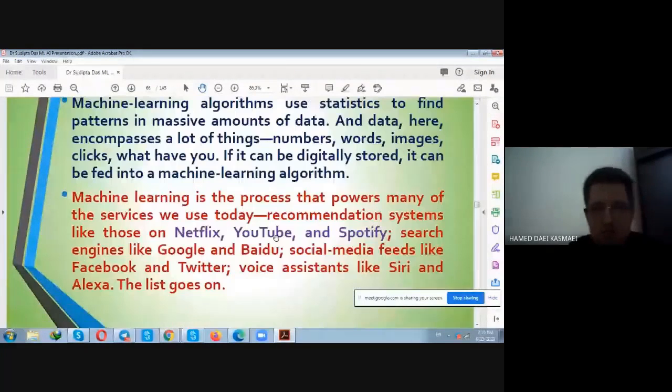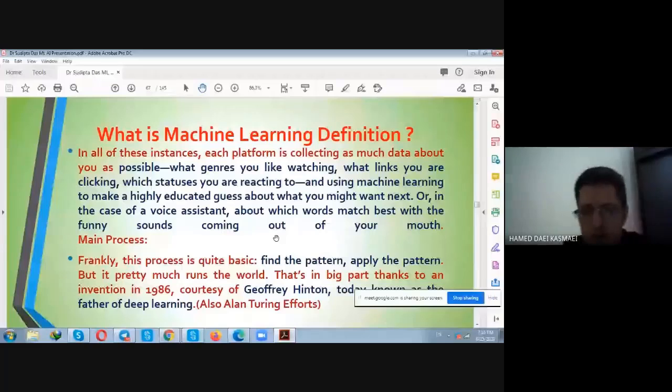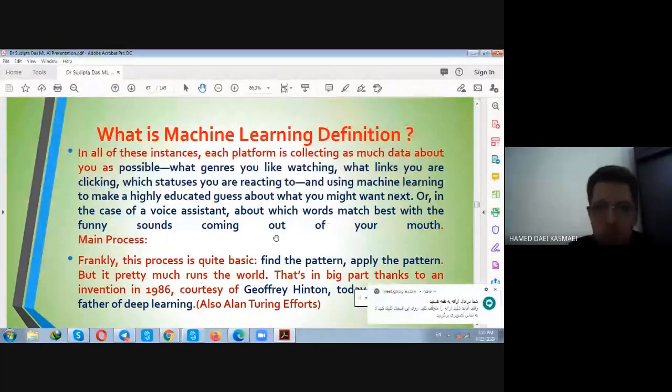Okay, in all of these instances, each platform is collecting as much data about you as possible: what genres you like watching, what links you are clicking, what statuses you are reacting to, and using machine learning to make a highly educated guess about what you might want next, or in the case of a voice assistant, about which words best match the funny sounds coming out of your mouth. So, do you know what we are doing?